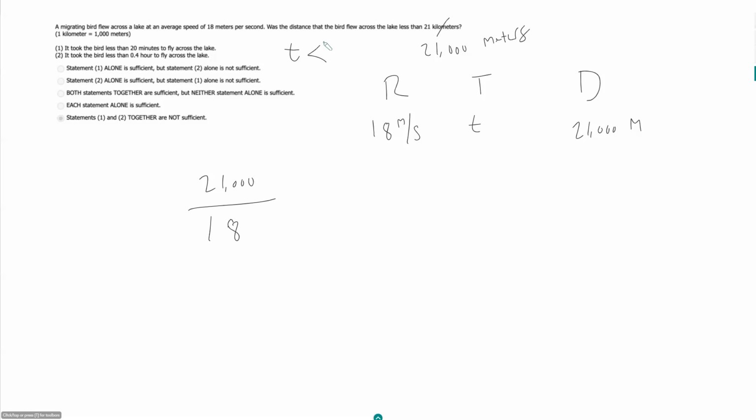So this can be simplified a bit. These are both divisible by 3, so 21,000 divided by 3 should be 7,000 over 6. Each of these are divisible by 2, so that gives us 3,500 over 3. I don't know what this is. What is 3,500 divided by 3?